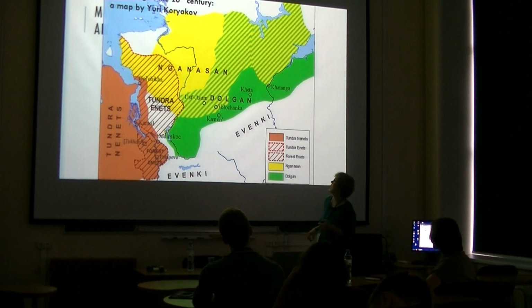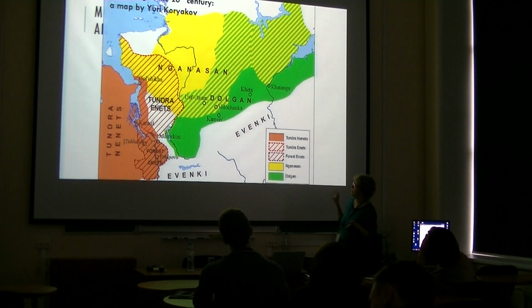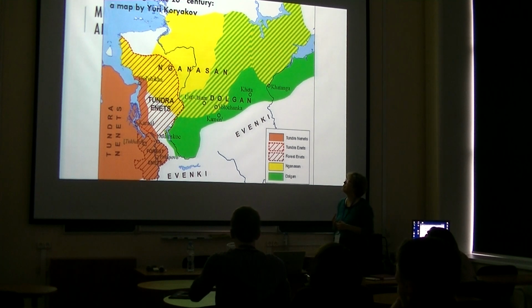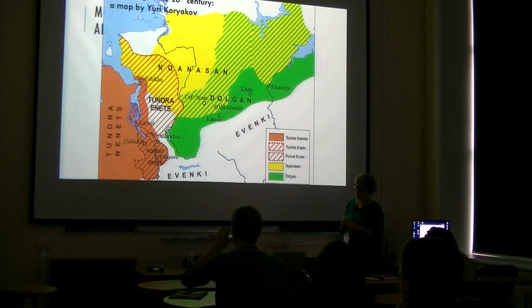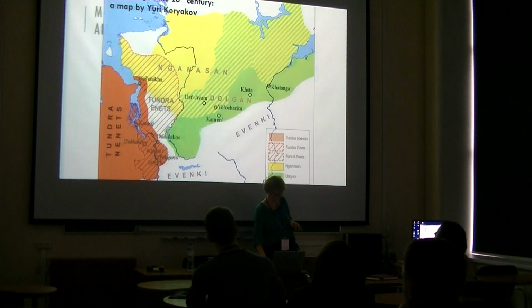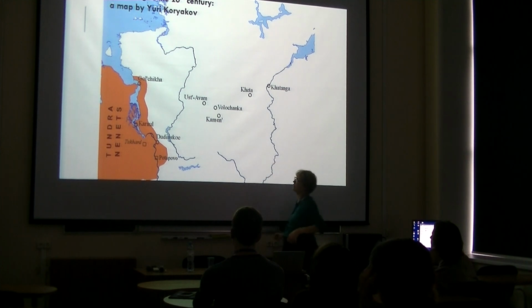Okay, you have a map of all languages of Tajmyr shown here. This is a map which is true for the beginning of the 20th century. I'll go through it language by language so that it makes it easier. So if we start from the west, first we have Tundra Nenets.